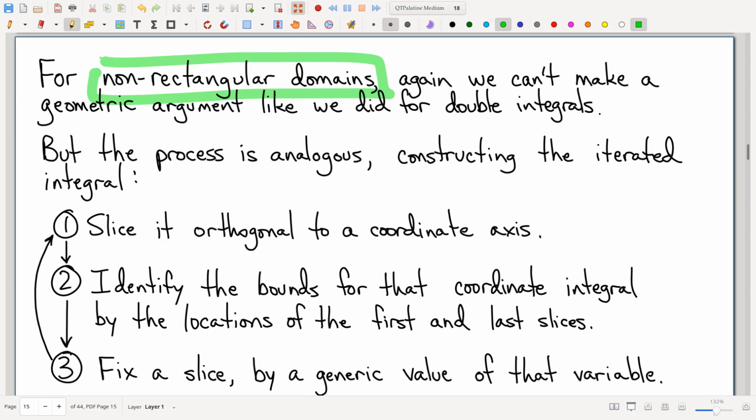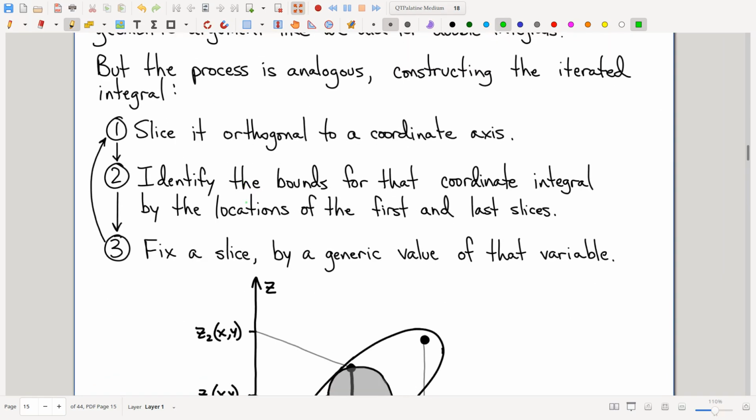And how did I make that argument? I made it by making a volume argument, by going to the graph point of view, which is a dimensionally inaccessible point of view at this point. So again, I can't give you the argument. I can't draw the pictures. They would be four-dimensional pictures, right? But the punchline is exactly analogous. So let me just walk through a point of view on what that analogy is.